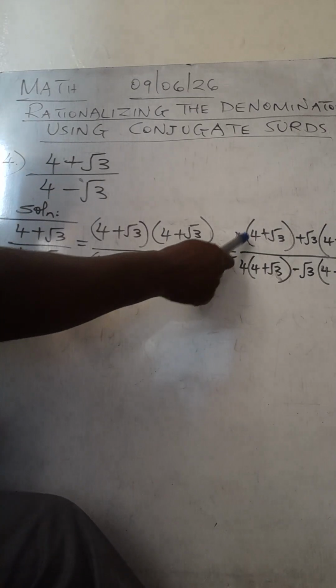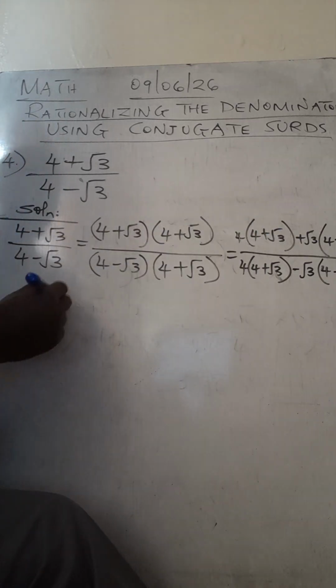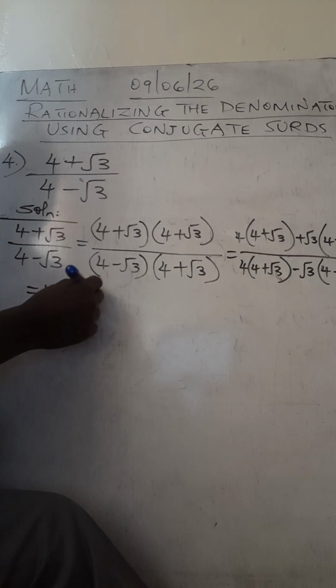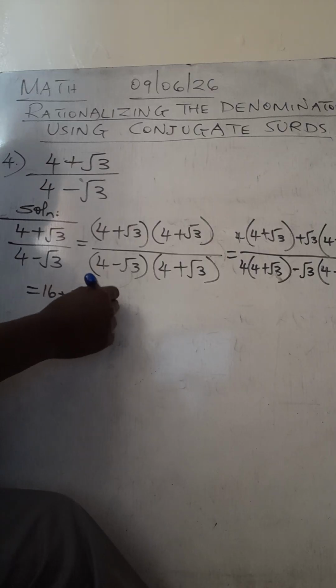Now this is what you get. 4 times 4 is 16. 4 times root 3 is positive 4 root 3. Root 3 times 4 is 4 root 3.